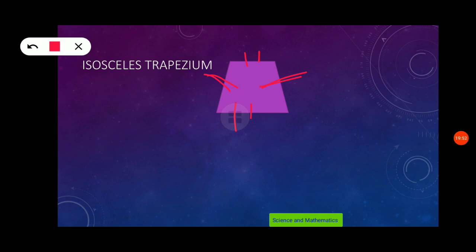That is, AB is parallel to CD and AD is equal to BC, the non-parallel sides.